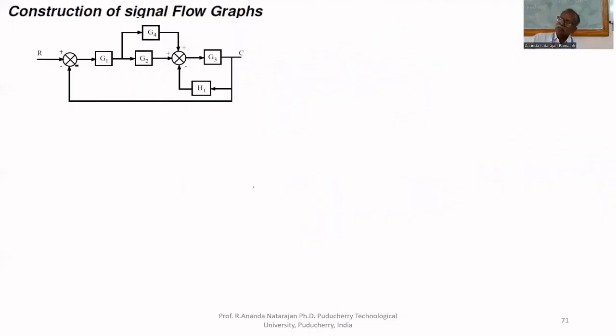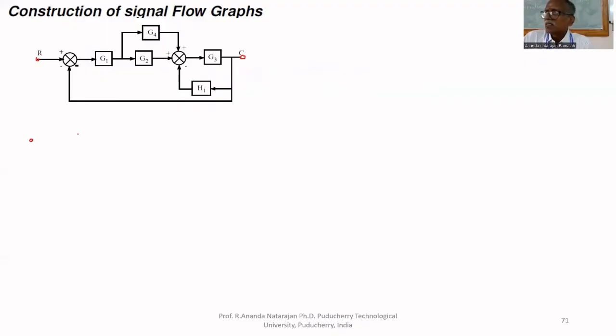Another method is the signal flow graph method. We can represent this block diagram in terms of a signal flow graph. R and C are called nodes. We already studied nodes in electric circuit analysis.